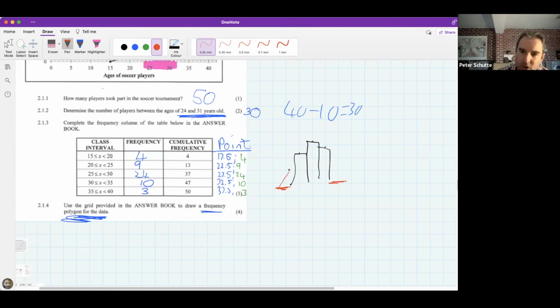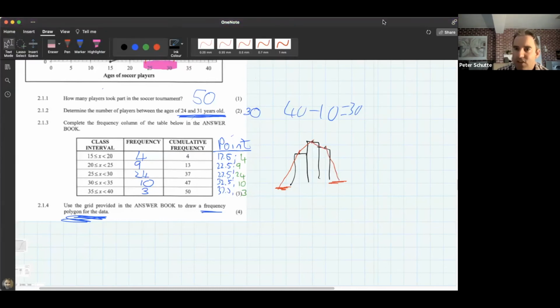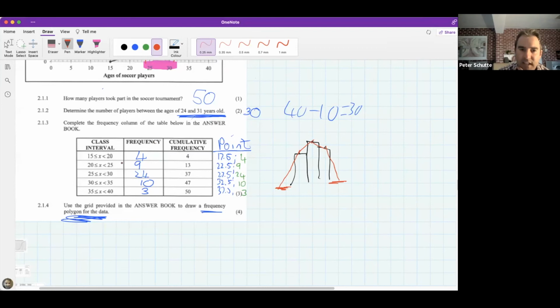So if we were doing it from a histogram, the grounded points would just be an extra interval on each side. Okay, so what would an extra interval look like? Well, we'd have an interval that goes from 40 to 45 here, and we'd have an interval that goes from 10 to 15 over here. Now, in order to get back to the ground, we're going to have the frequency of 0.